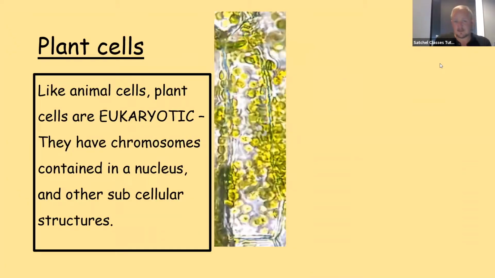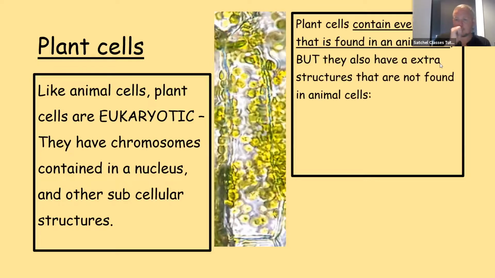Plant cells are like animal cells again. They're eukaryotic. They have chromosomes contained in a nucleus. That's the key thing here, the commonality between both of them. But they also have other subcellular structures. Plant cells contain everything that's found in an animal cell, so everything that we listed earlier. That means they contain a nucleus, mitochondria, cell membrane, and cytoplasm.